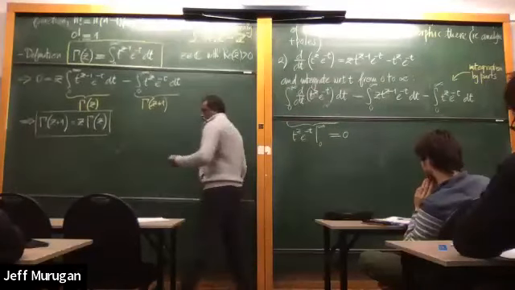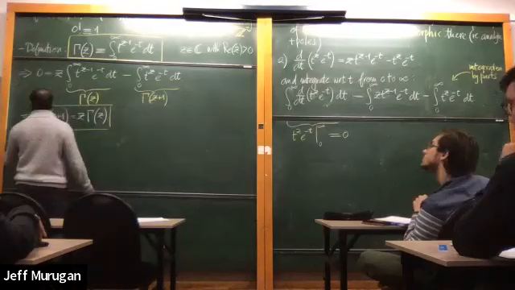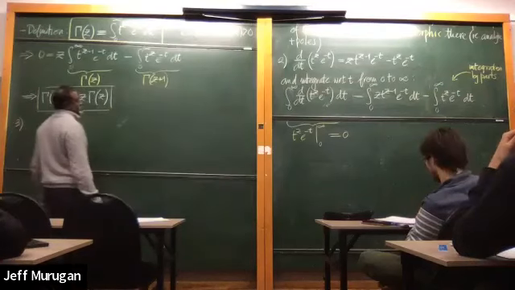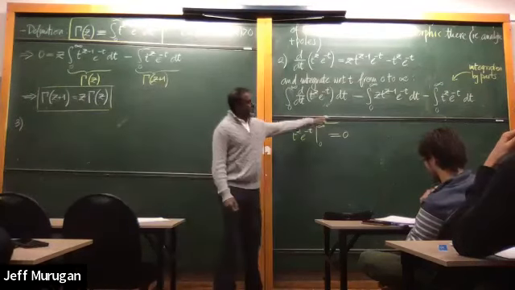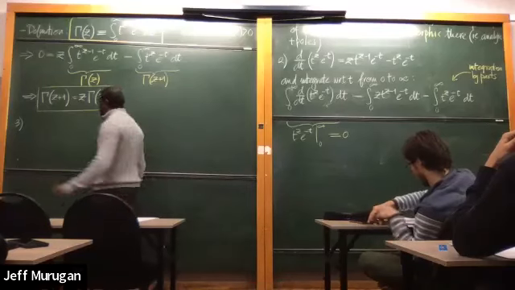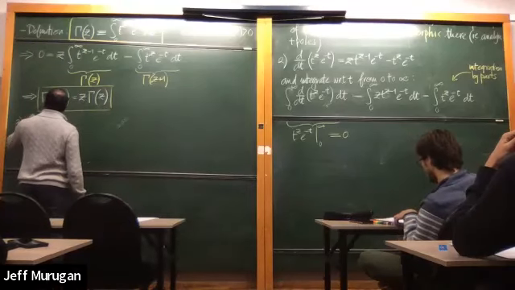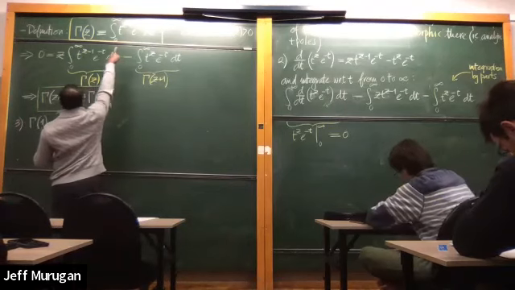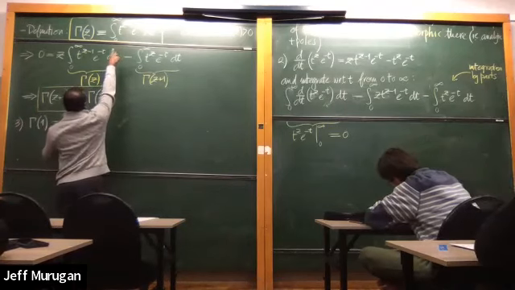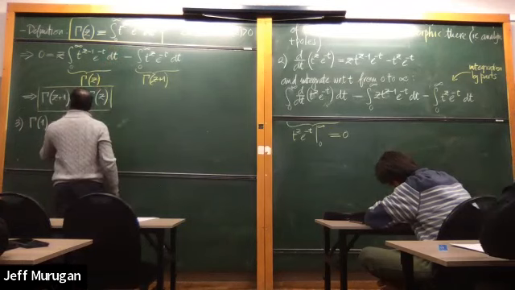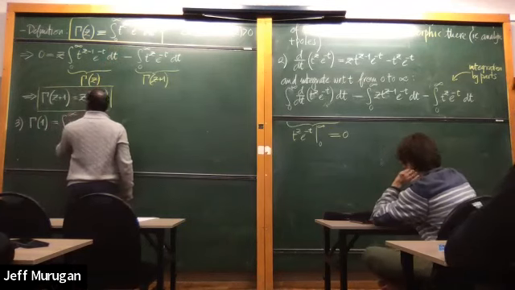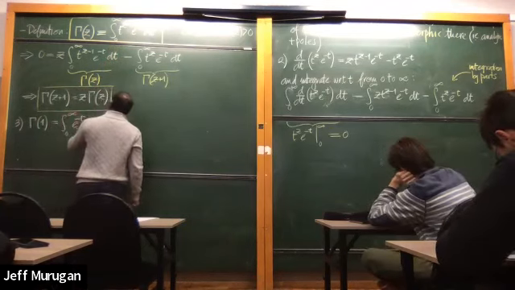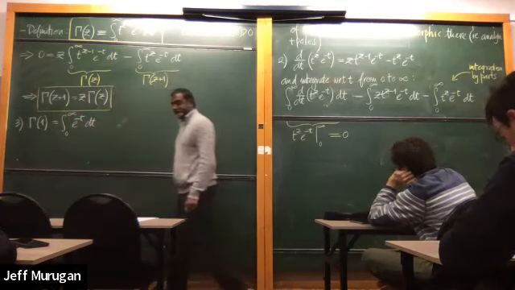Moreover, part 3, gamma of 1 is what I get if I substitute 1 there, z minus 1 is 0, so that's just the integral from 0 to infinity of e to the minus t dt.